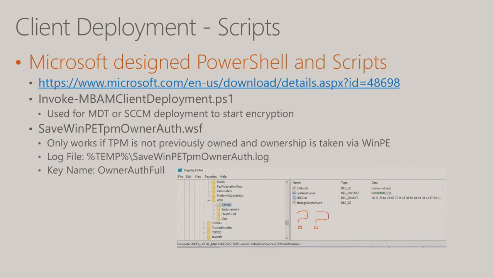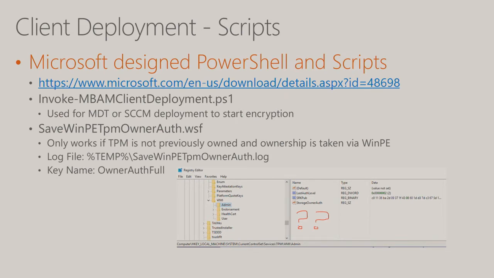Client deployment scripts. This is what you all want to know. Maybe. I don't like animation, so you can read ahead if you want. But the Invoke-MBAMClientDeployment.ps1 was something the product group wrote to help with the question, do I have to set these registry keys?